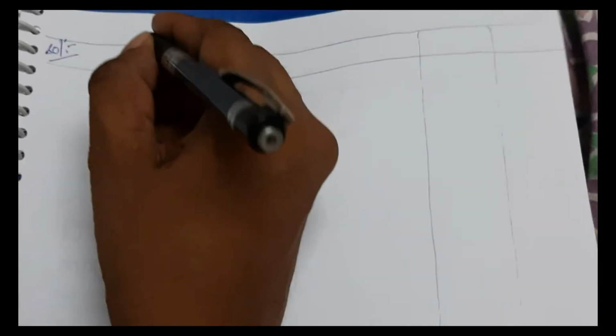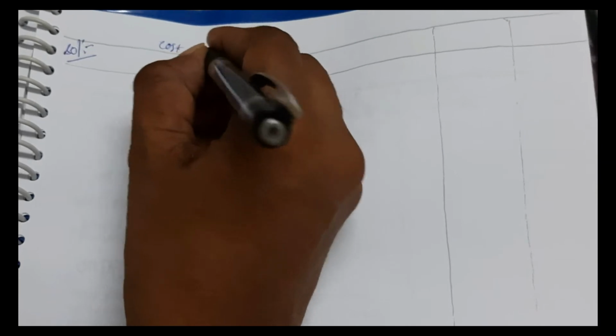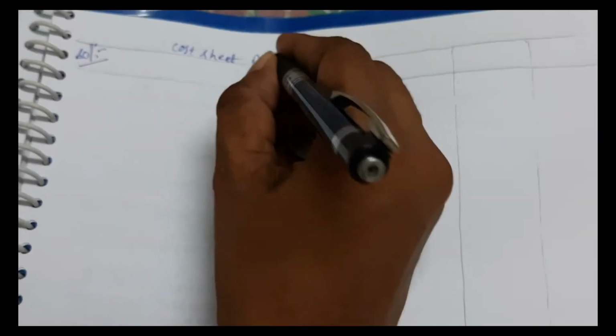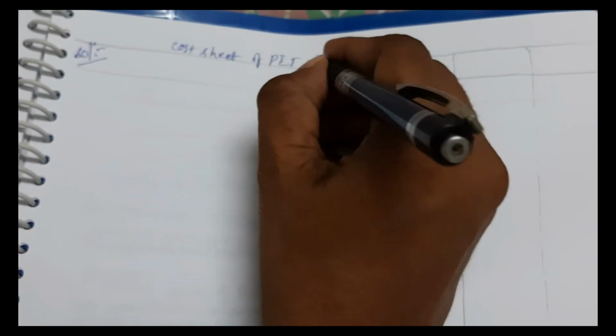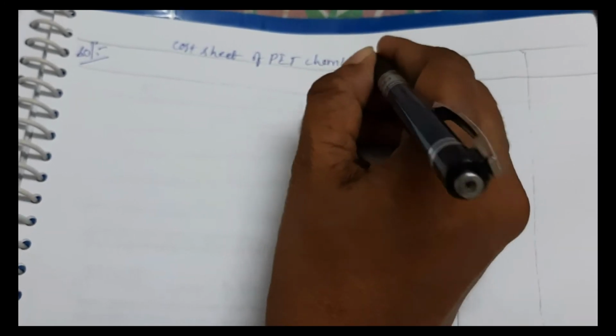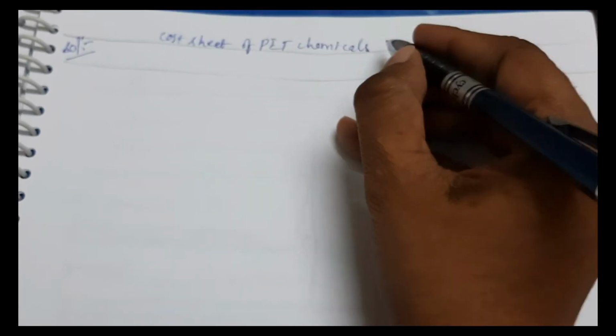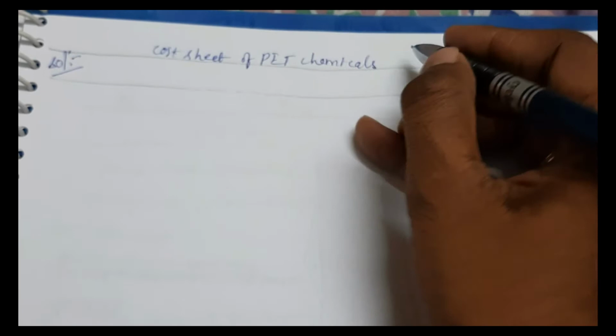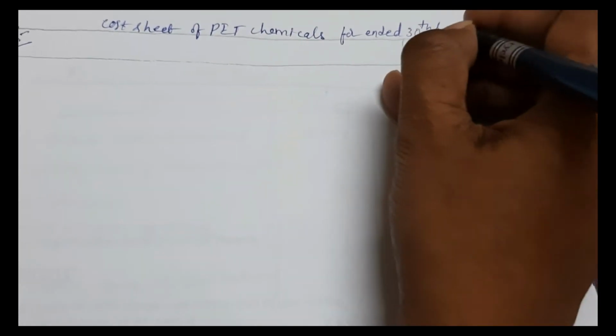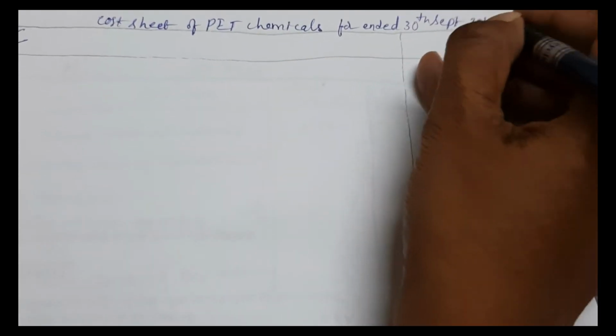Now we will see the solution of the sum. So we are going to prepare cost sheet. The heading is going to be like this: cost sheet of PET Chemicals for the period ended 30th September 2012.